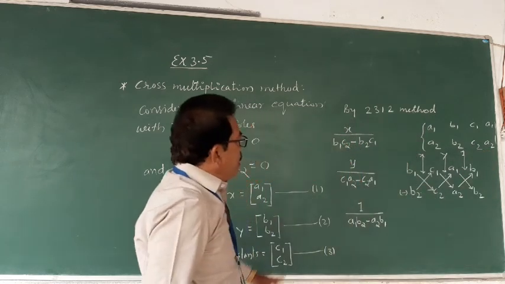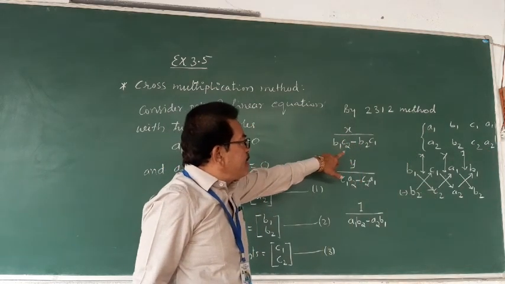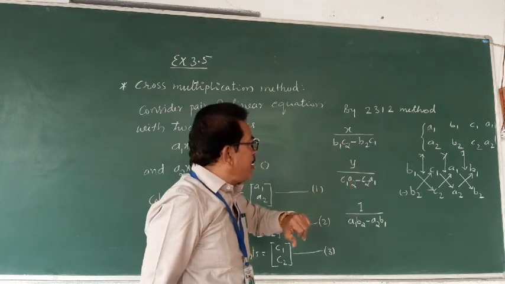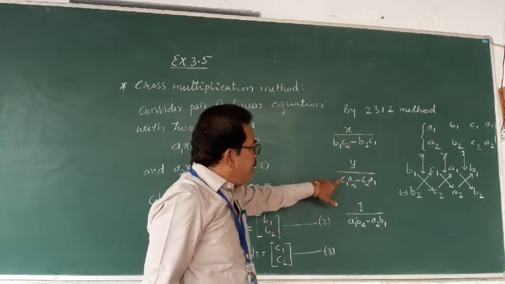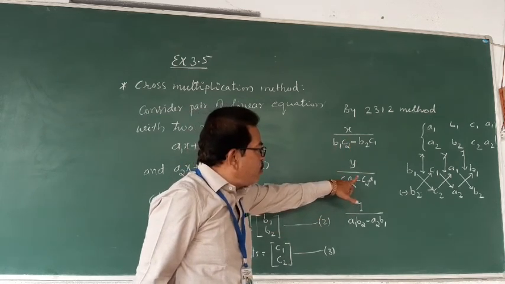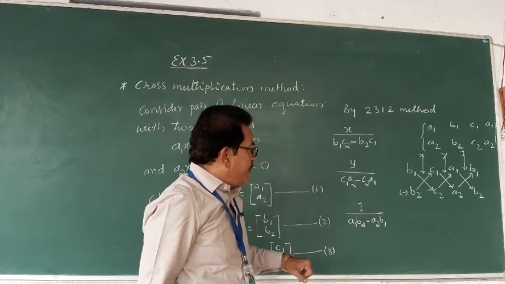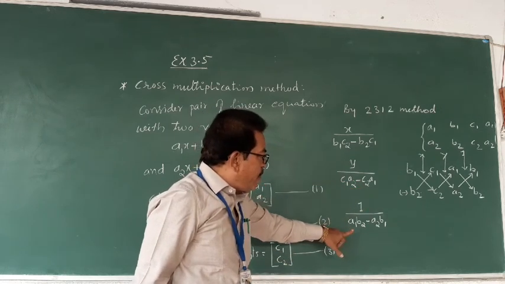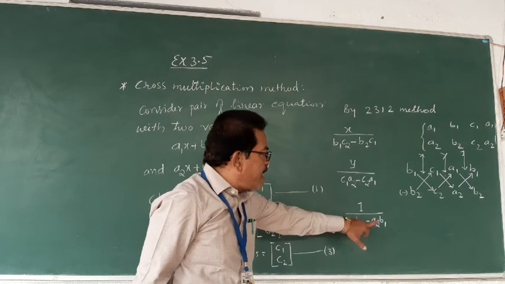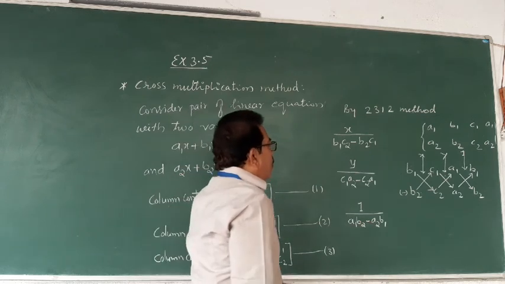So x divided by b1 c2 minus b2 c1, y divided by c1 a2 minus c2 a1, and the constant term 1 divided by a1 b2 minus a2 b1.